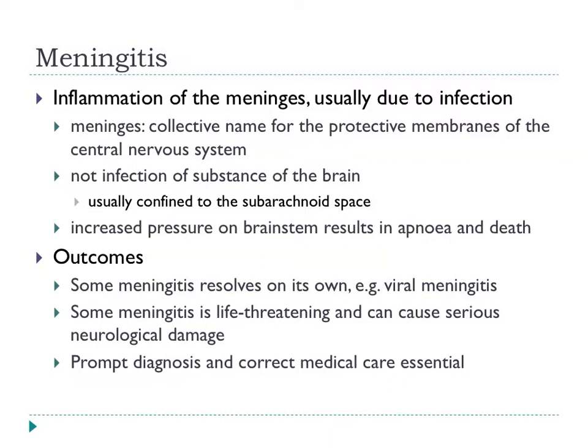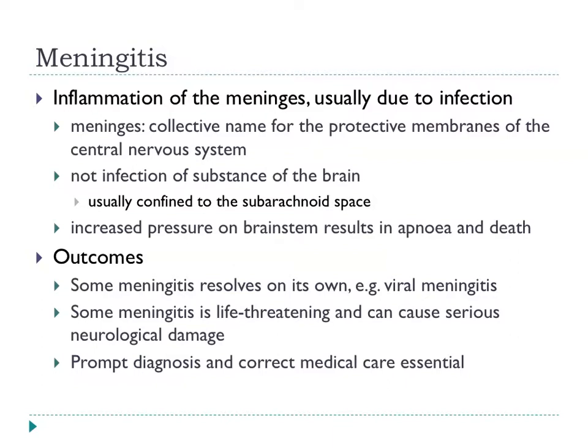Meningitis doesn't actually have to involve infection of the substance of the brain. It is usually confined to what we call the subarachnoid space, the space under one of these meningeal membranes. But what happens is you get increased pressure in the cerebrospinal fluid, this increases pressure on the brain stem, and in the extreme cases, this leads to what we call apnea. People stop breathing, and death.